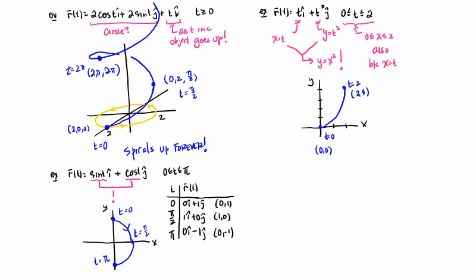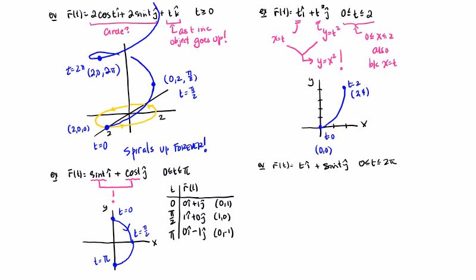Now, this idea can be used a lot. For example, anytime you see a t in the first place, suppose you had ti plus, say, sine of t j. Same deal.